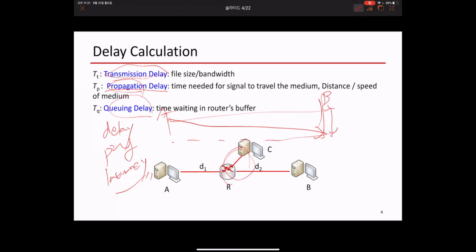So in this case, latency and propagation delay are considered the same. And the ping time is there and back, more like RTT, round trip time.